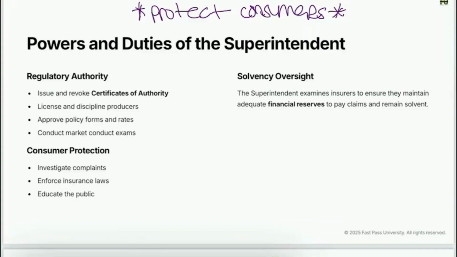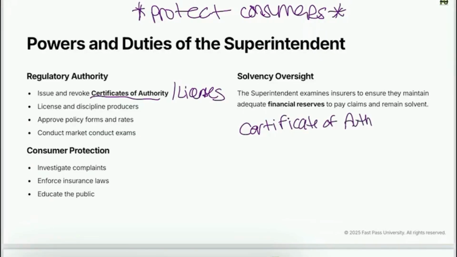The certificate of authority is basically the license for insurance companies. It is their ticket to transact.